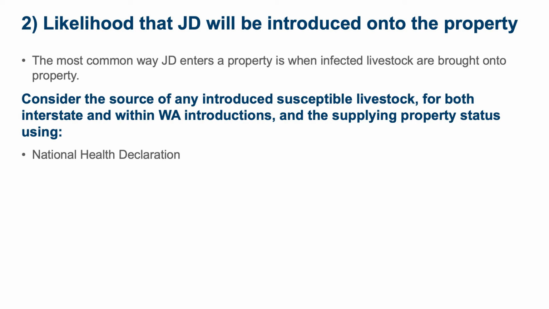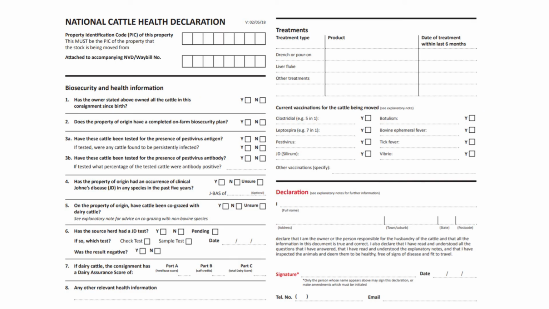Tools to assist and questions to ask when making these decisions include always asking for a National Cattle Health Declaration when buying livestock. This contains important information and includes a legal declaration about the JD status of the property. It shows the livestock's biosecurity status and health information, such as the testing and clinical history of the supplying property and the livestock's vaccination status.